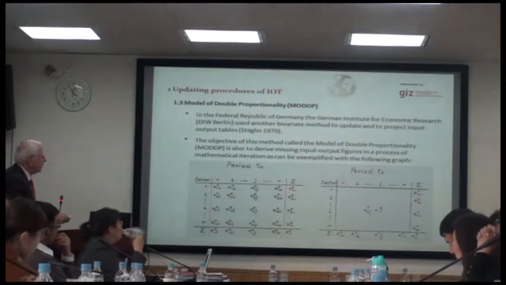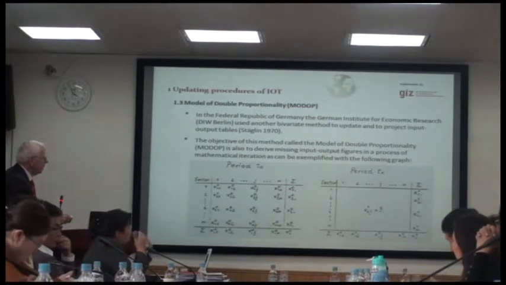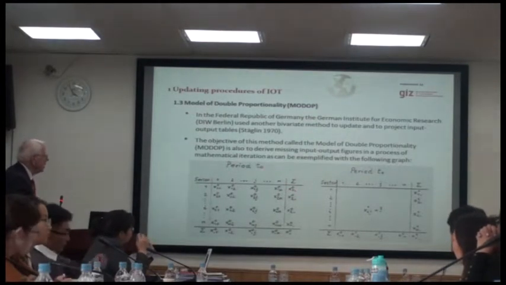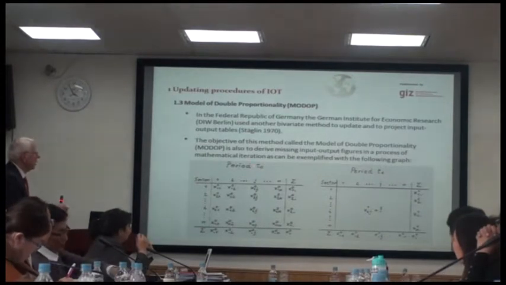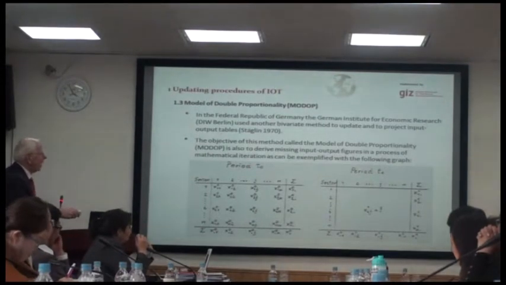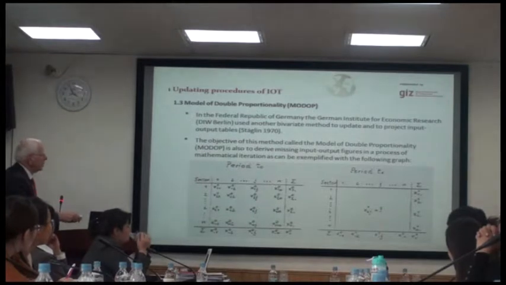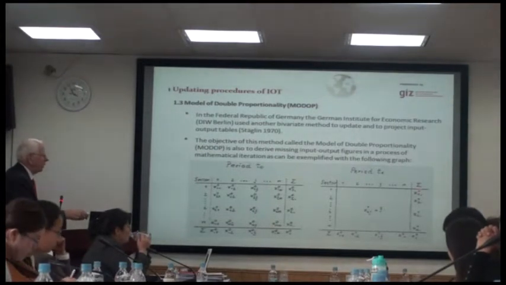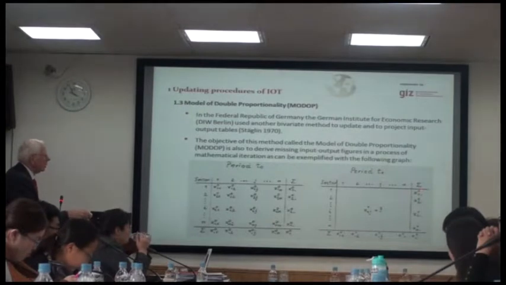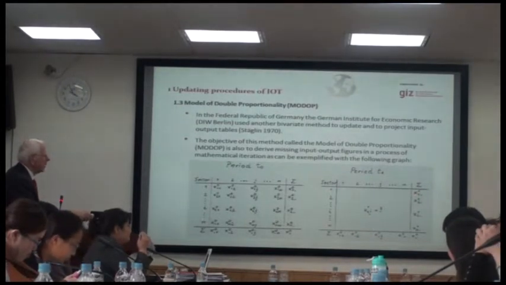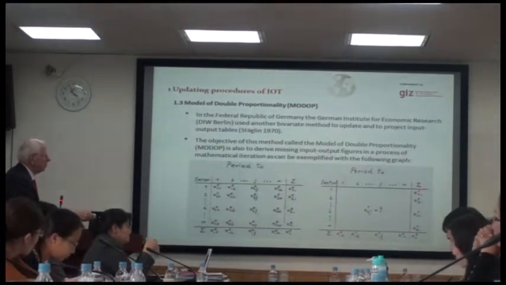Here we have x1. for period 0, let's say that will be the year 2000, but for the year 2005 we have only the intermediate output for the branch agriculture, x1.1.